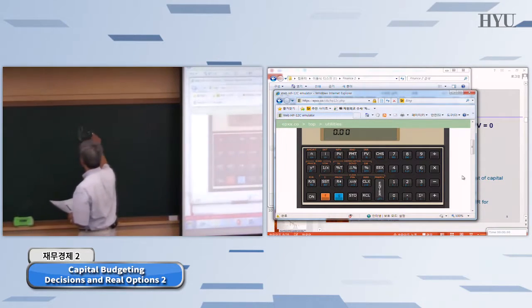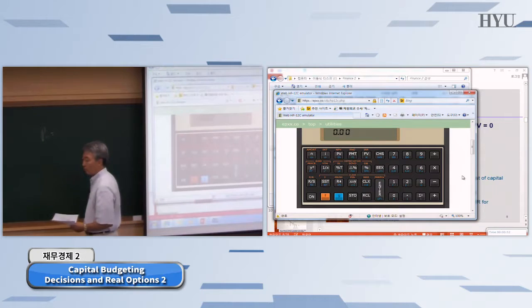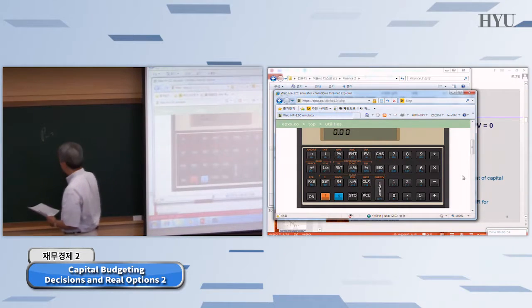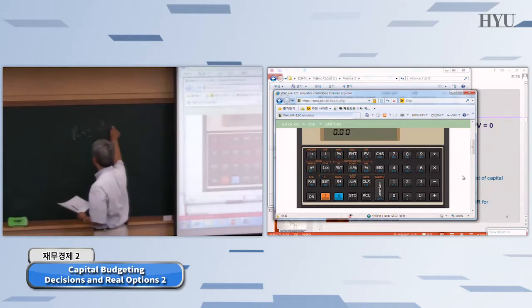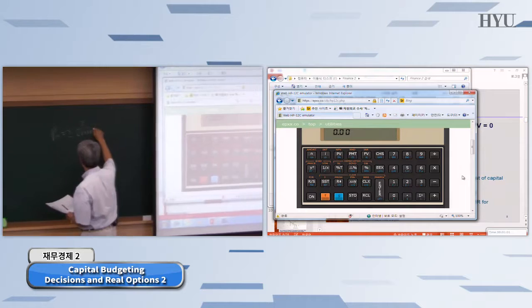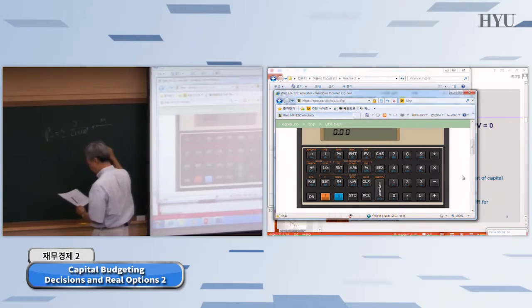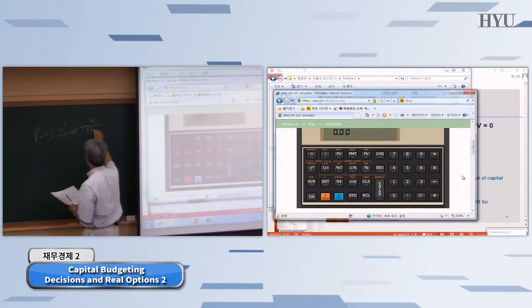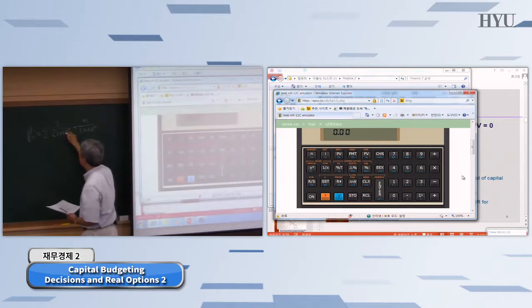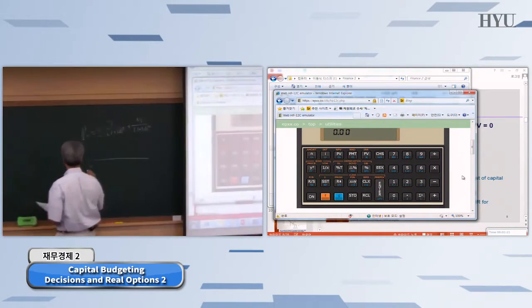So in a typical bond value calculation, it was I divided by 1 plus Kd to the t, plus M divided by 1 plus Kd to the n, with a summation there, right? So we're talking about an initial investment of P0, right?